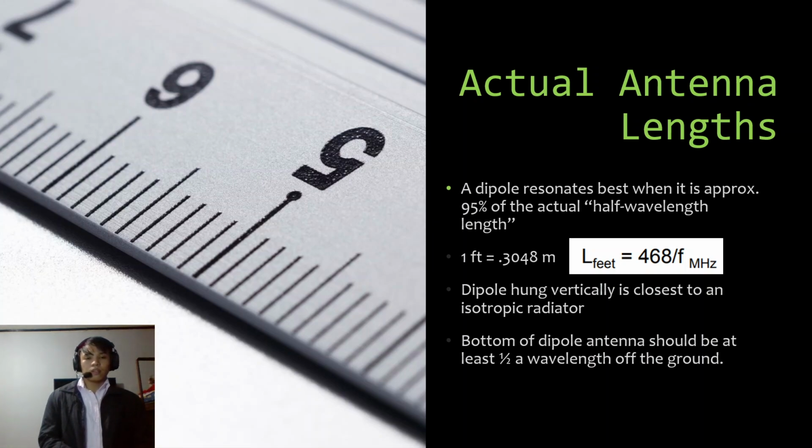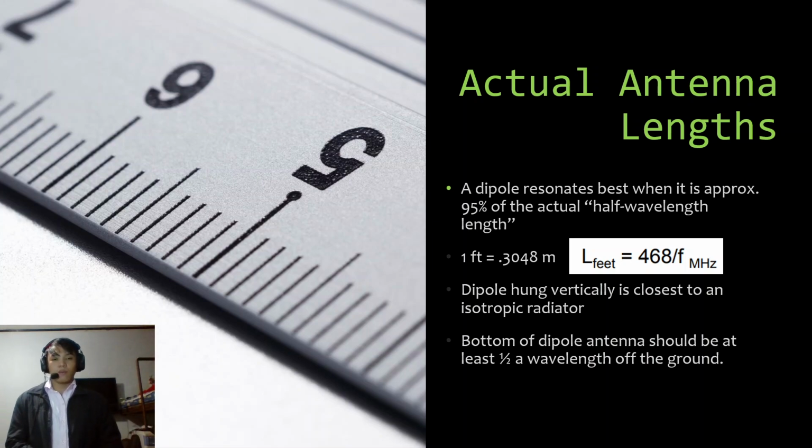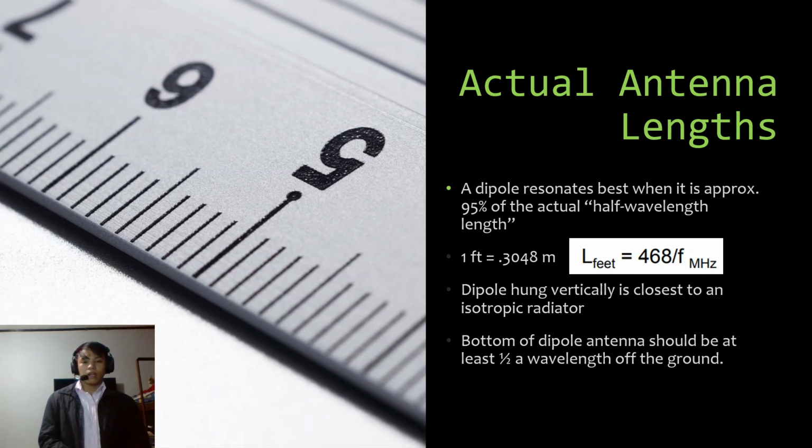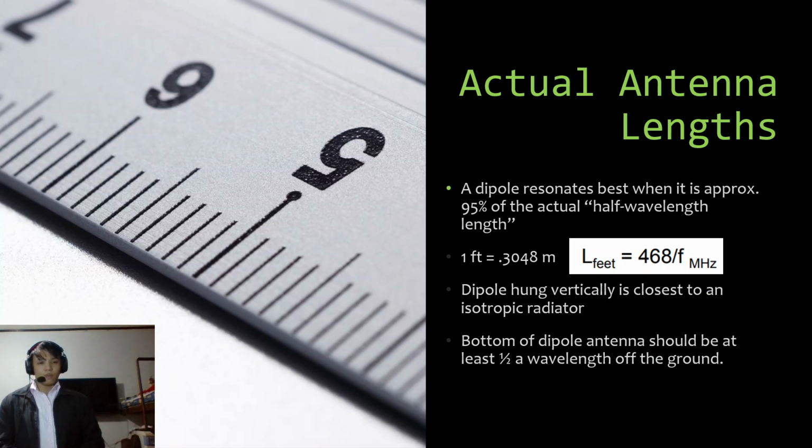One foot equals 0.3048 meters, so L in feet equals 468 over the frequency in megahertz. The dipole hung vertically is closest to an isotropic radiator. The bottom of a dipole antenna should be at least half of a wavelength off the ground.